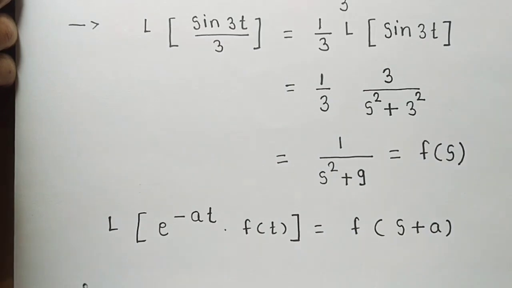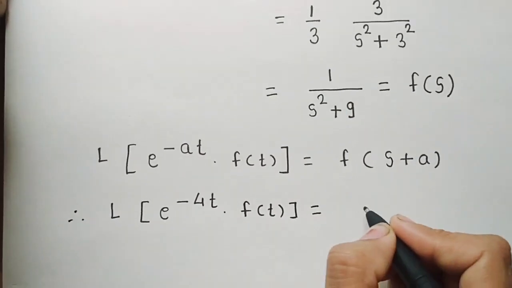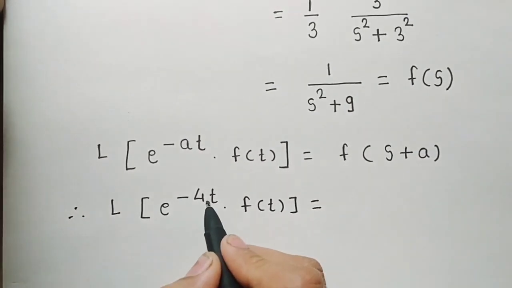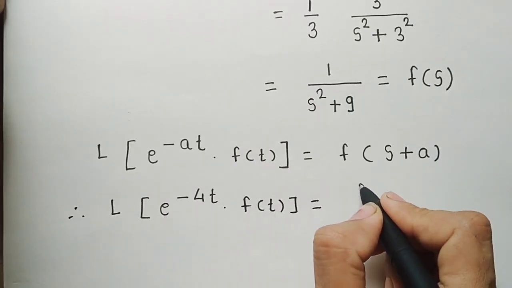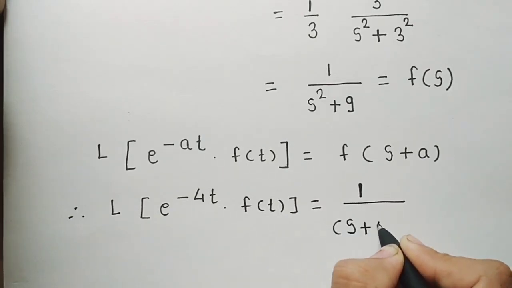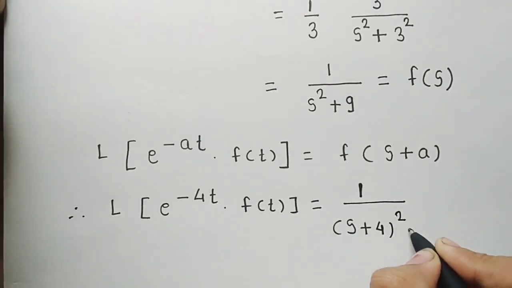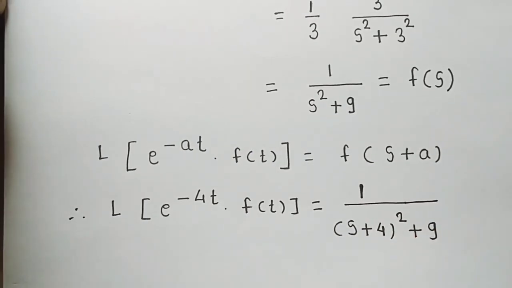Now here in our question, Laplace of e raised to minus 4t f of t equals, we replace s by s plus 4. So the final answer is 1 upon s plus 4 whole square plus 9. So this is the answer.